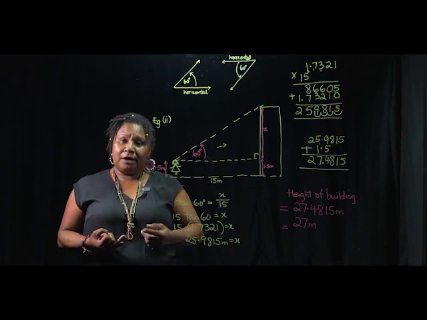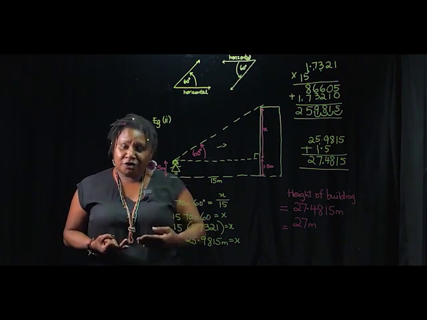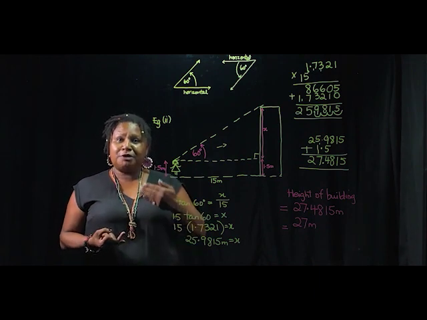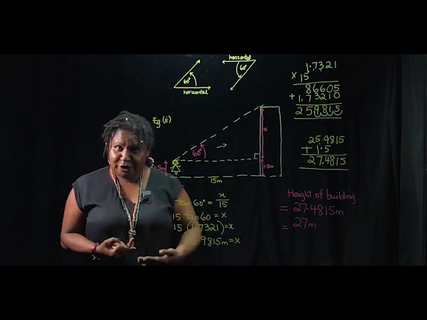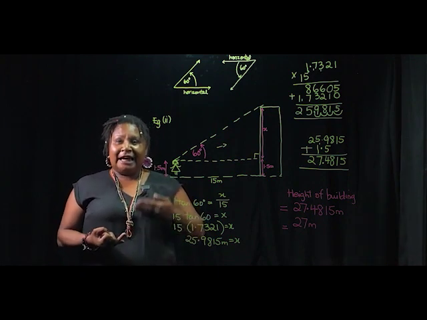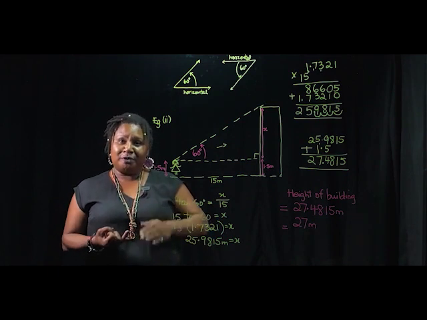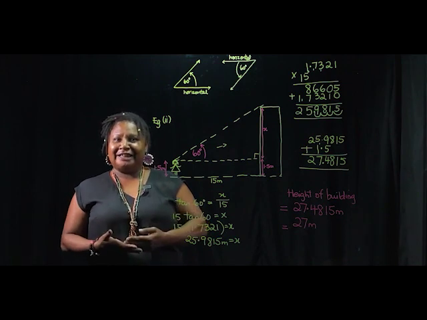Now a clinometer, which I did not mention before, is an instrument used to measure angles of elevation and depression. Surveyors use this, and that is how we know how to find those angles when we use it in a practical application.